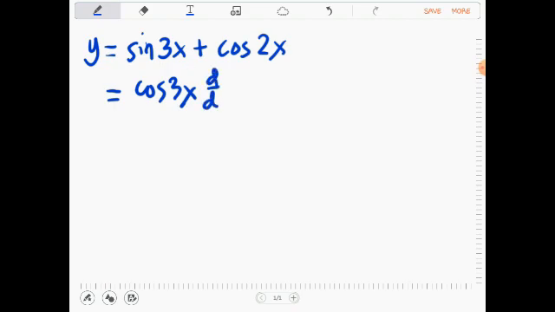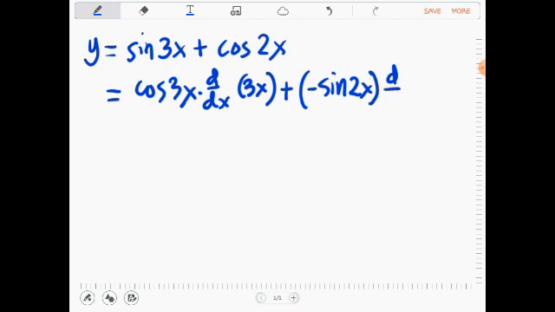D over dx of 3x. Okay? And then, copy natin yung plus. Then, multiply natin. Ano yung derivative ng cosine 2x? That is equals to negative sine of 2x multiplied by the derivative of 2x with respect to x.